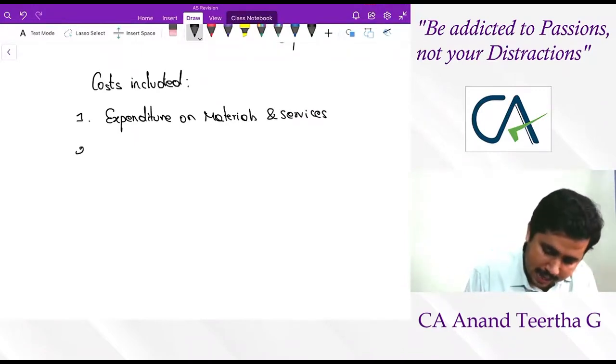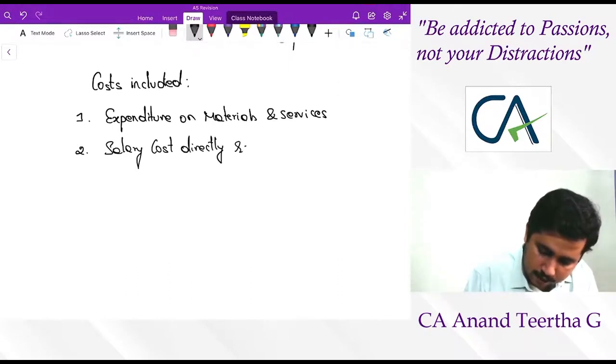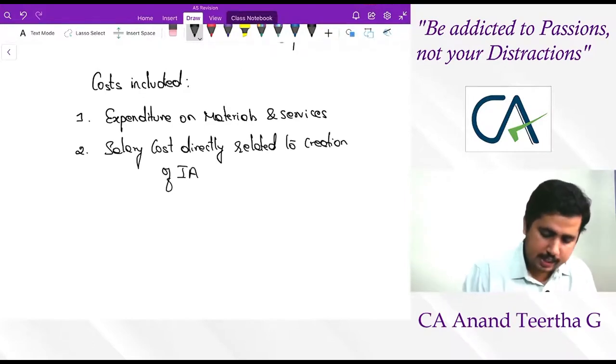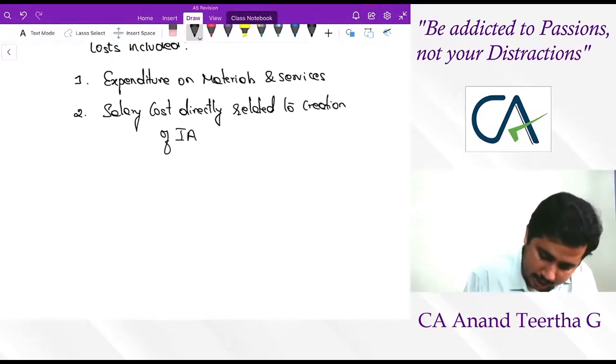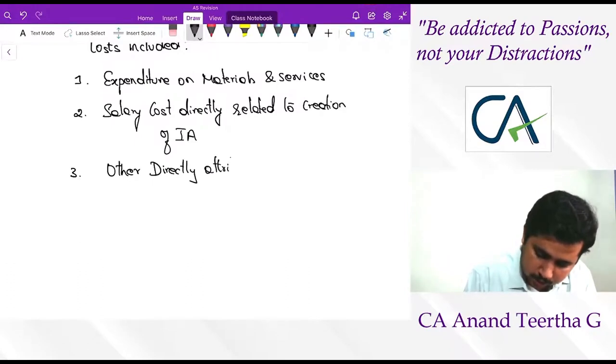Second, salary cost directly related to creation of IA. Then other directly attributable costs.